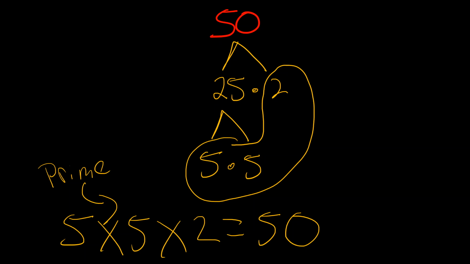Let's do more examples of factor trees. So now we have 96, and it can be any two numbers multiplied together to give you 96. The number that I'm thinking of is 3 times 32, because if you have 3 sets of 32, that's 96.